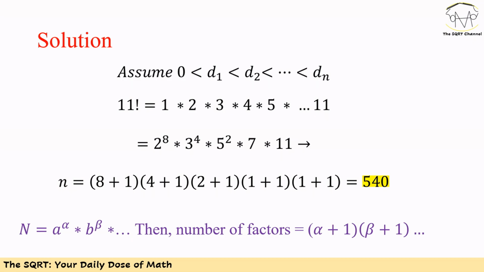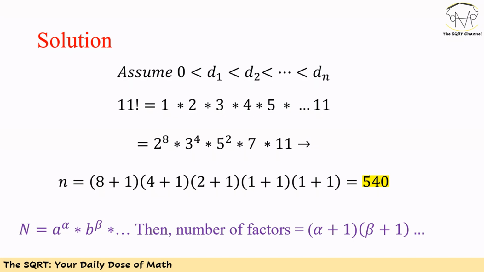If we use this property for 11 factorial, then we can find a small n as 8 plus 1 times 4 plus 1 times 2 plus 1 times 1 plus 1 times 1 plus 1, which is 540.